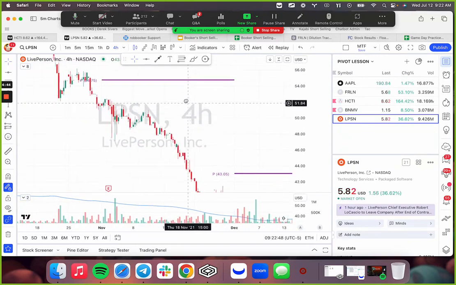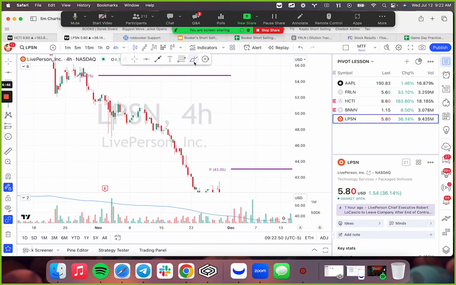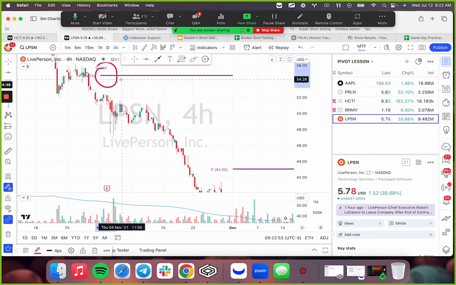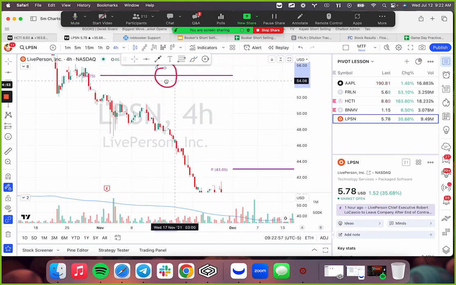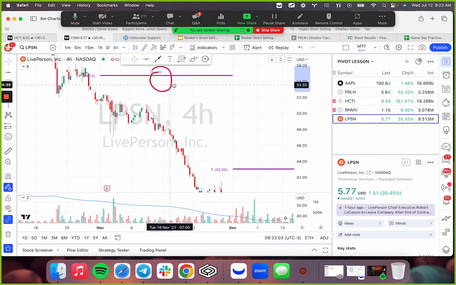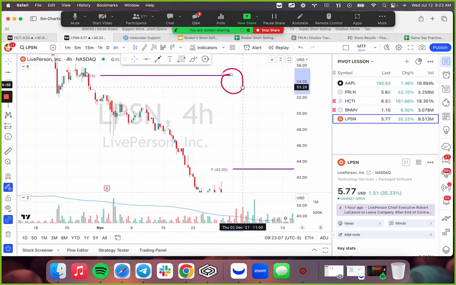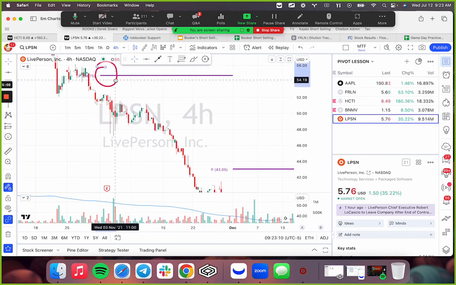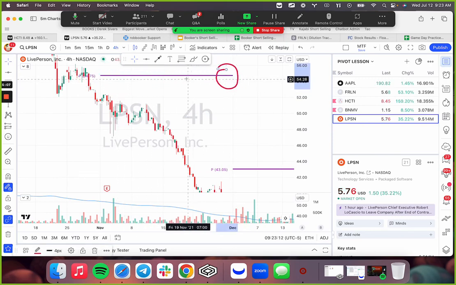But then something remarkable happened. In the month of October of 2021, Live Person, LPSN, never touched its monthly pivot point. You can see here, there's no price. Some people sometimes ask me, well, how do you know it wasn't touched by price? You see absolutely no candles and no bars anywhere touching that pivot point.